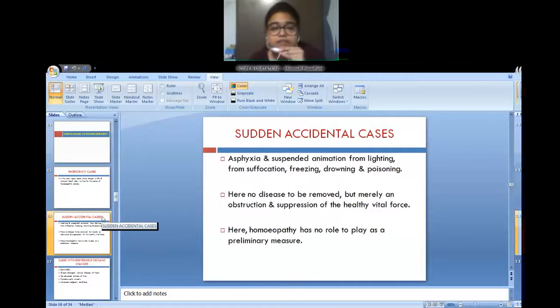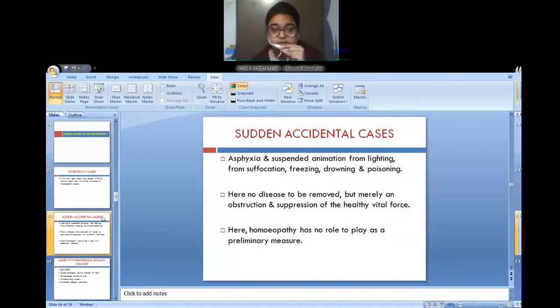And then the sudden accidental cases: asphyxia and suspended animation from lightning, from suffocation, from freezing, drowning, and poisoning. Here there is no disease to be removed, because here there is no dynamic cause that deranges the vital force and produces the disease. It is merely an obstruction and suppression of the healthy vital force.